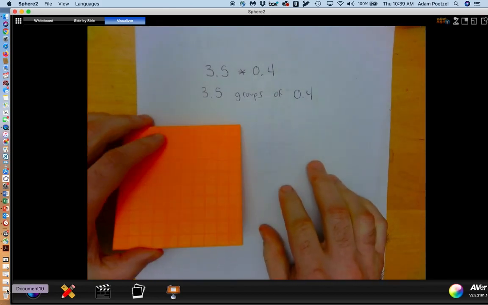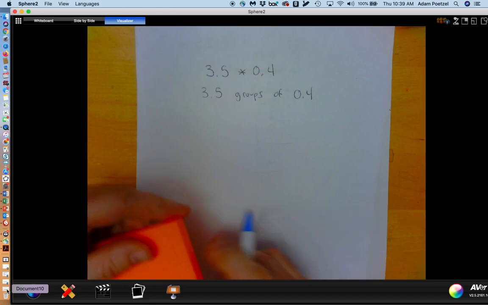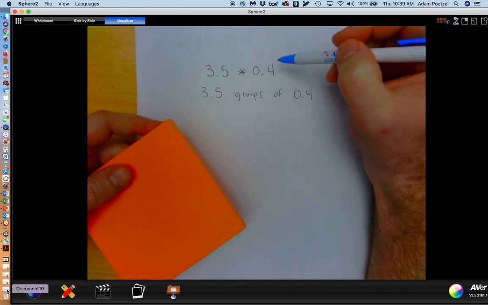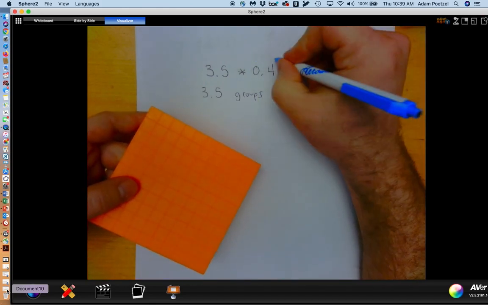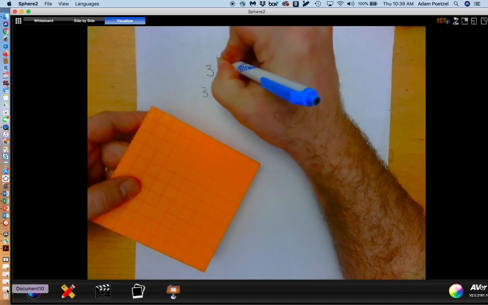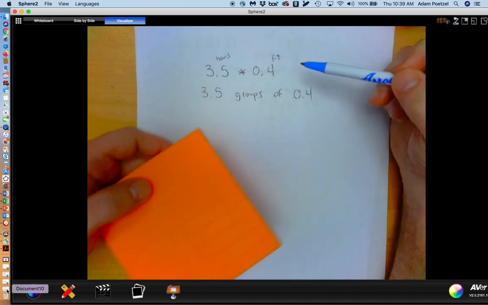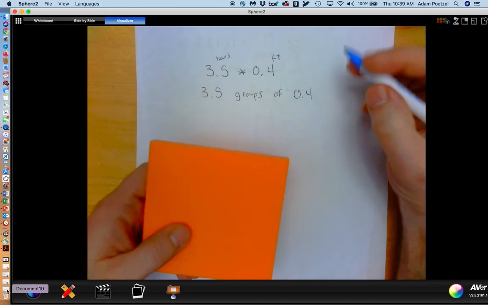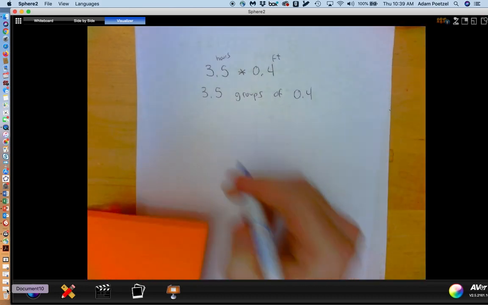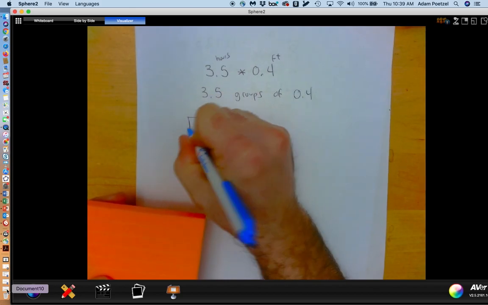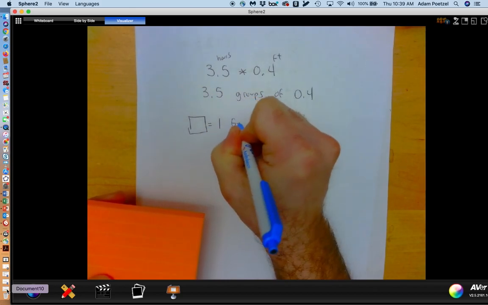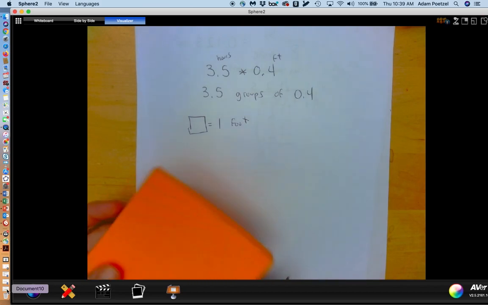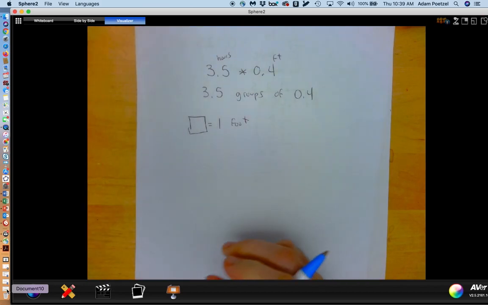And the question is, what would this be? Now again, we're looking at 3.5 hours of 4 tenths of a foot. And our answer is going to be how many feet did she travel. So our answer defines what we're going to have as our whole. So this here would be 1 equals 1 foot.